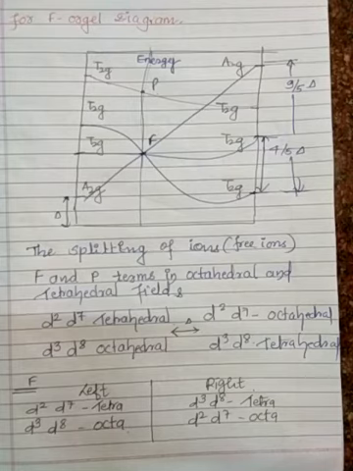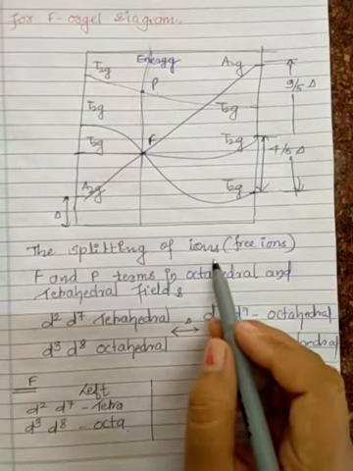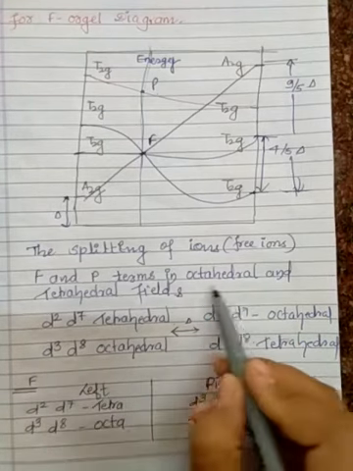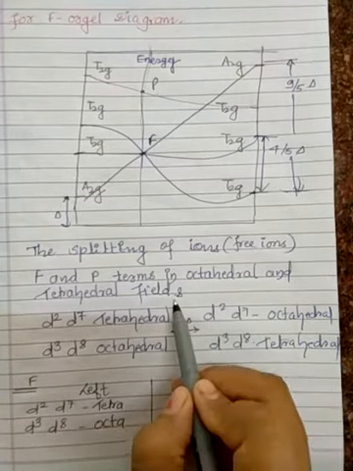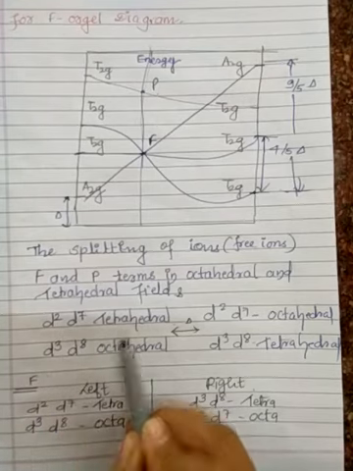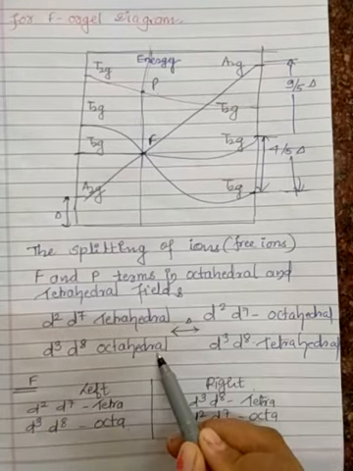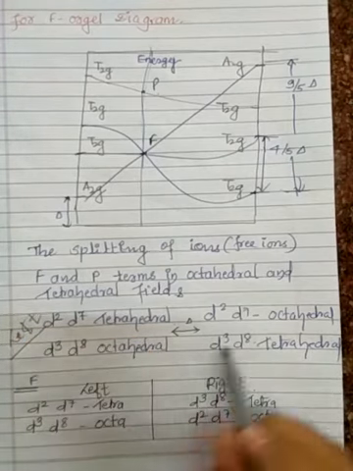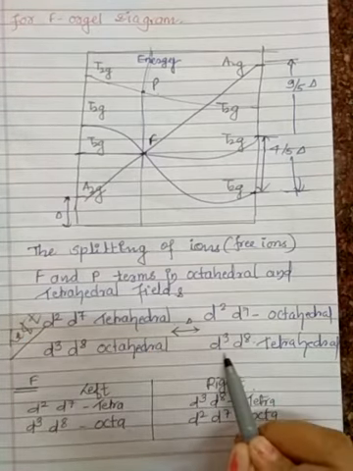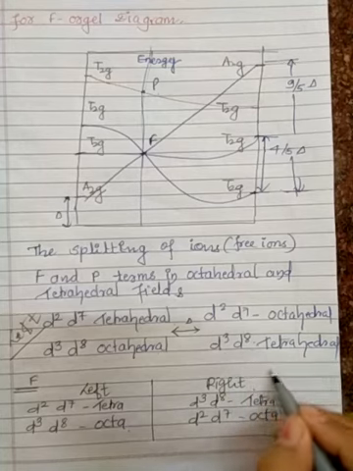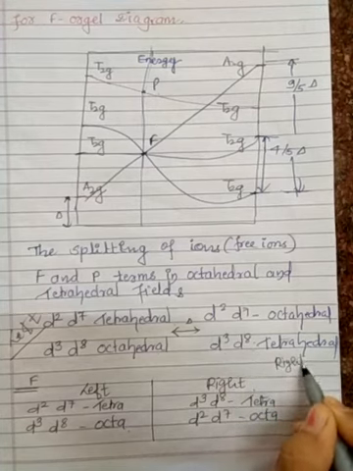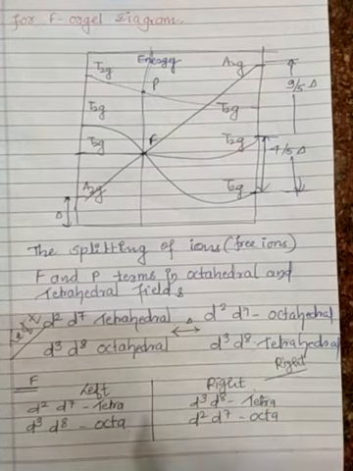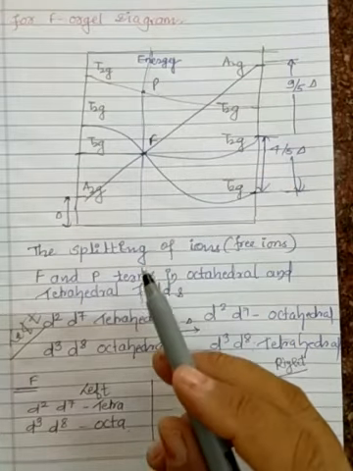But in the case of the F Orgel diagram, we will put one glance. The splitting of free ion F and P terms in octahedral and tetrahedral fields: D2, D7 tetrahedral, D3, D8 octahedral. This is for the left side. And D2, D7 octahedral, D3, D8 tetrahedral, this is for the right side. Next part, this is our F Orgel diagram over here.